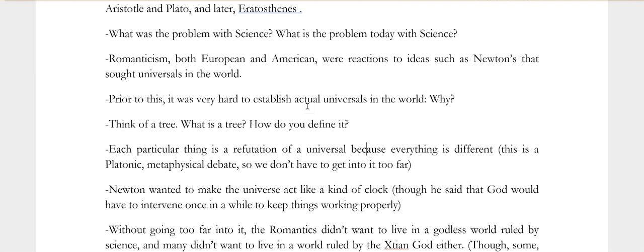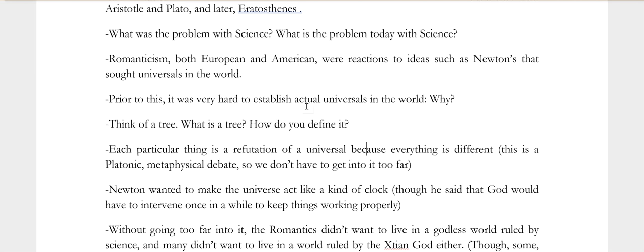And it takes away some of the mystery and some of the beauty and some of the magic and the majesty of nature and life and all of that. So Romanticism was effectively a reaction to science's growing predominance as an explanatory mechanism for how everything worked.